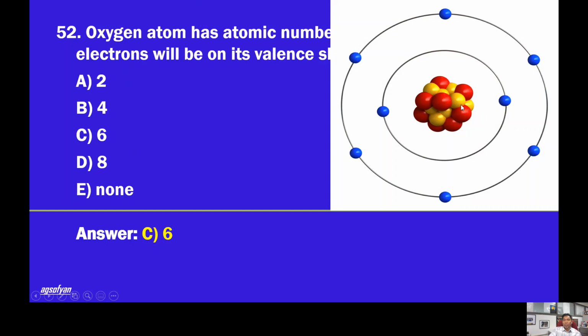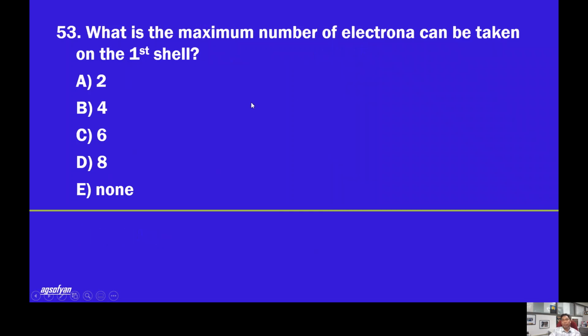If you see this picture, oxygen has 8 electrons. The first shell only takes 2, and the rest will be on the valence shell. So it has 6: 1, 2, 3, 4, 5, and 6 electrons. Number 53.